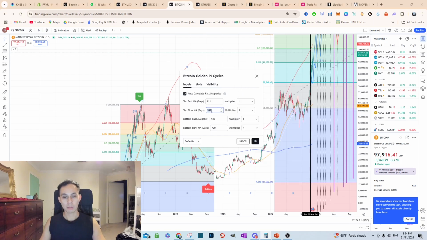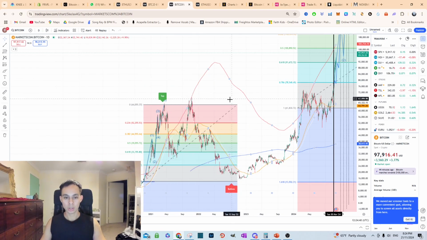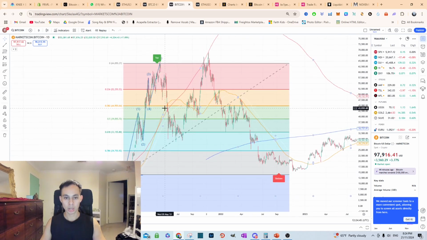So you can either use 349 or 350, but it doesn't seem to make much of a difference. This shows whenever the faster one, the yellow line in this case, the 111, crosses over the 350, which is in the red, you get your top.